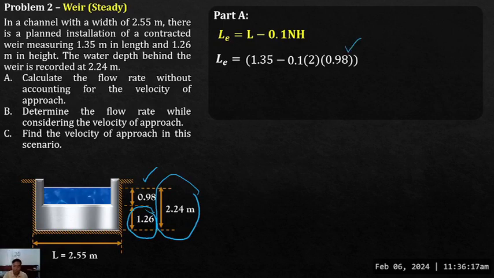So we can now have a value for the effective length, which is 1.154 meters. So yung 1.154, yan yung gagamitin natin ngayon sa formula for finding the flow rate.